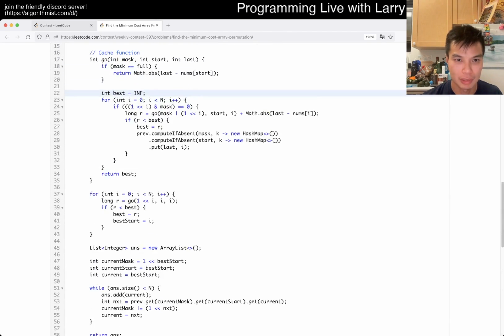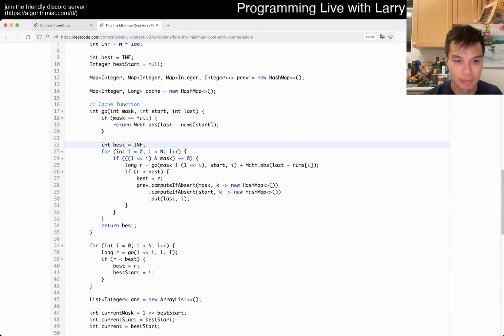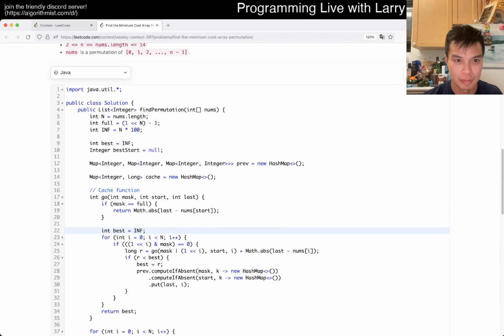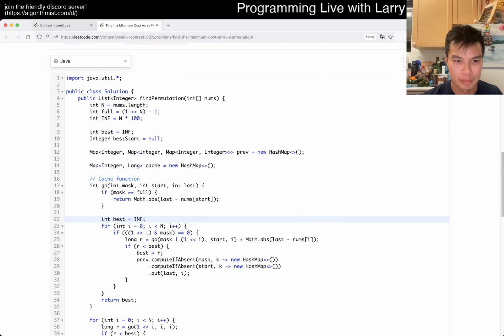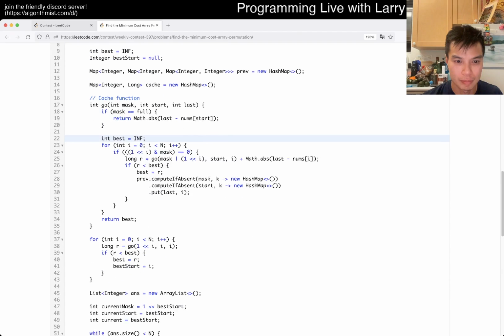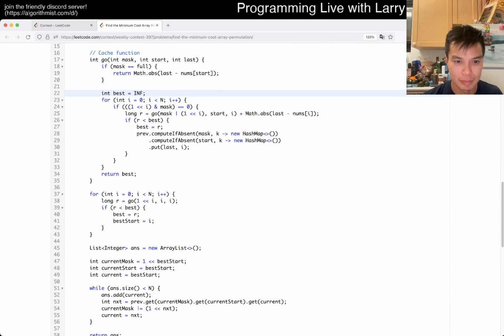Yeah, I didn't think so. And can you implement cache?